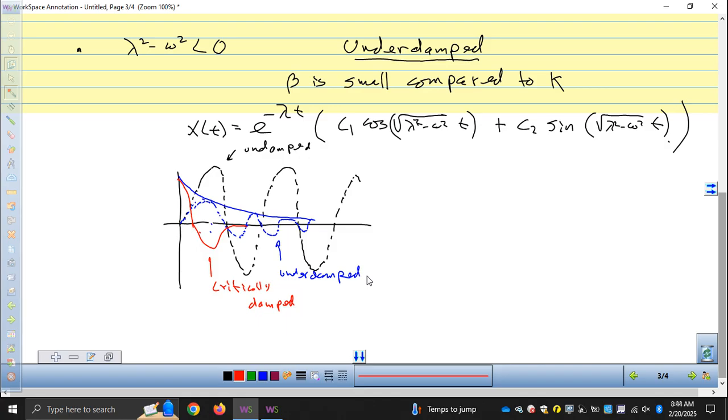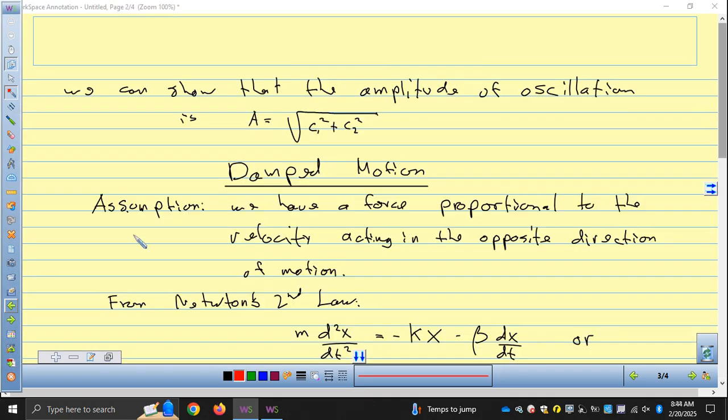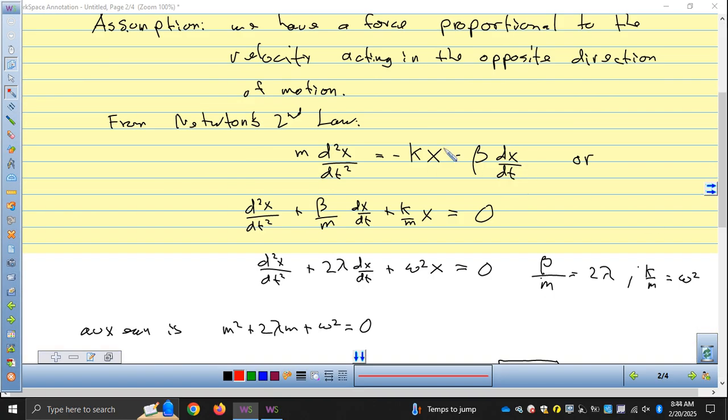Now the really complicated ones we haven't talked about. If I go back here, if this is proportional to the square of the velocity, then we have a nonlinear second order differential equation, and that's much more difficult to solve.